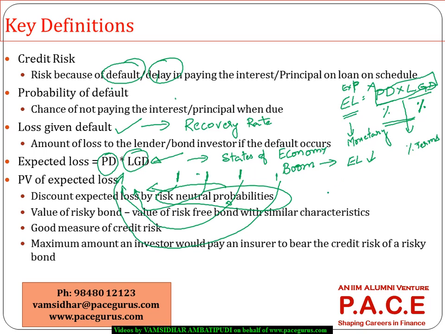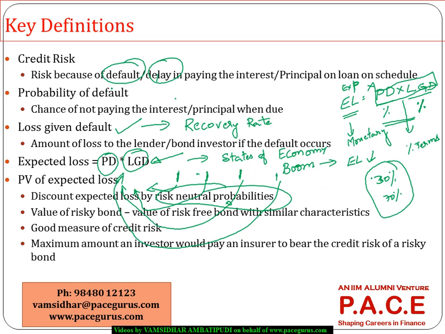not using the probability of default, because all the future losses are adjusted by a risk neutral probability. So probably there is a 30% chance of a loss and 70% chance of no loss. Based on this, I am trying to come out with a risk neutral kind of probability, and based on that I am discounting all the expected losses.